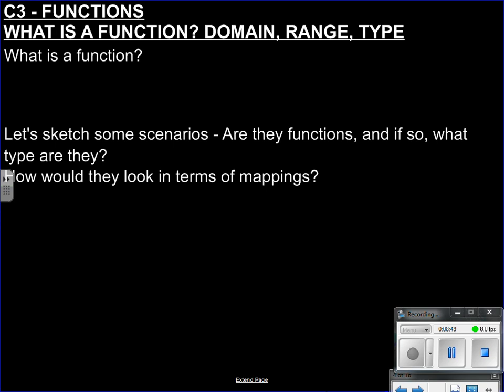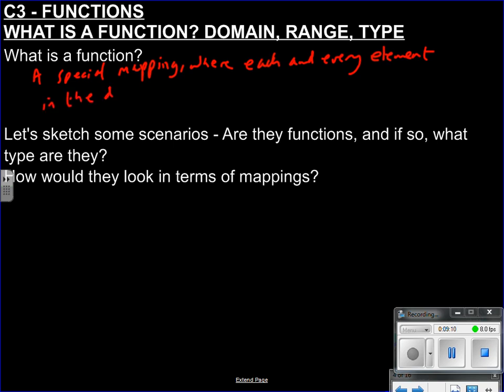Well, a function is a special operation or mapping, where each and every element in the domain maps to exactly one element in the range. Okay, so a special mapping where each and every element in the domain maps to exactly one element in the range.